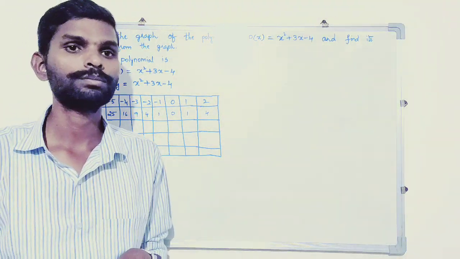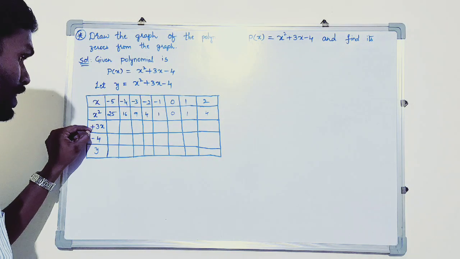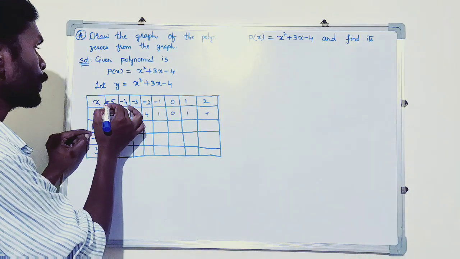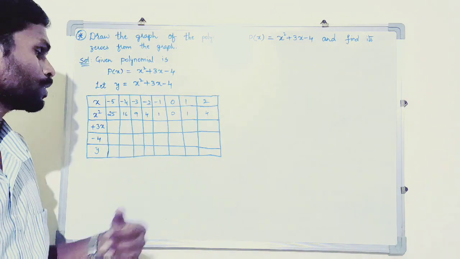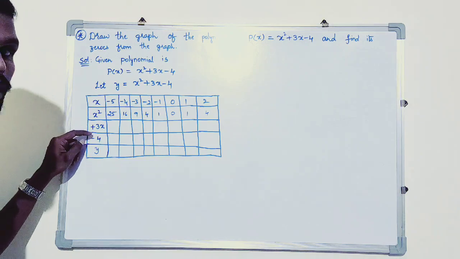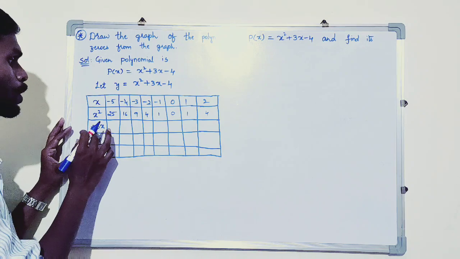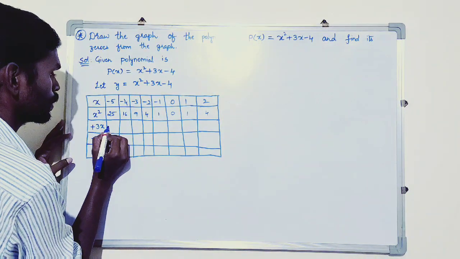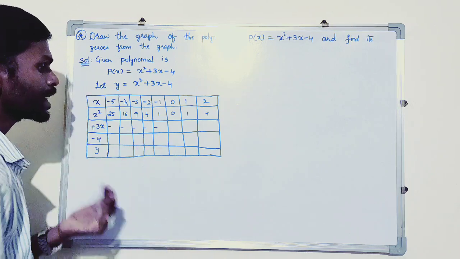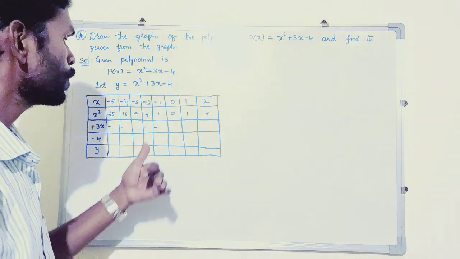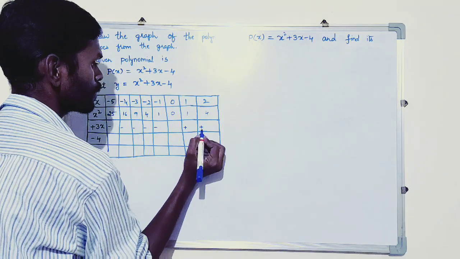Whether the coefficient of x is negative or positive, whatever symbols are there here, the same symbols stay for the values. Whenever this coefficient of x is negative, the symbols will alter. Now here it is positive, so the same symbols remain. See why: plus into minus gives minus, minus, minus. As we know, 0 doesn't have any symbol. Now plus into plus gives plus, plus.